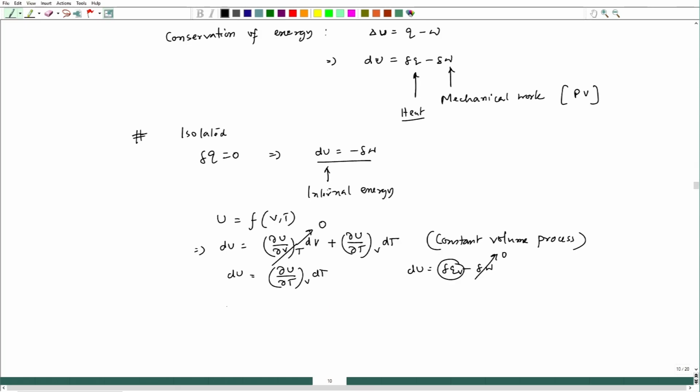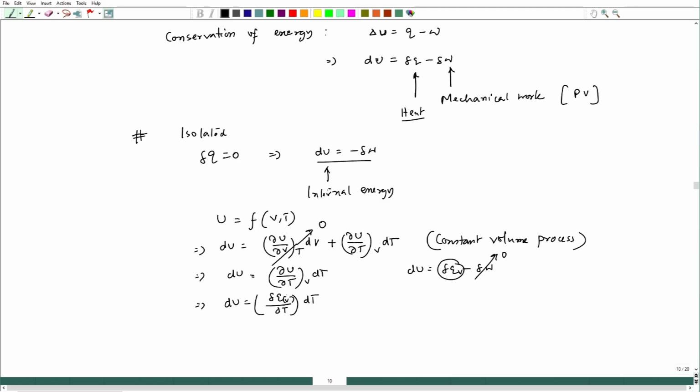So I can replace it: dU equal to (del Q by dT) at constant volume times dT. Here I have taken this V inside, so I can write this.